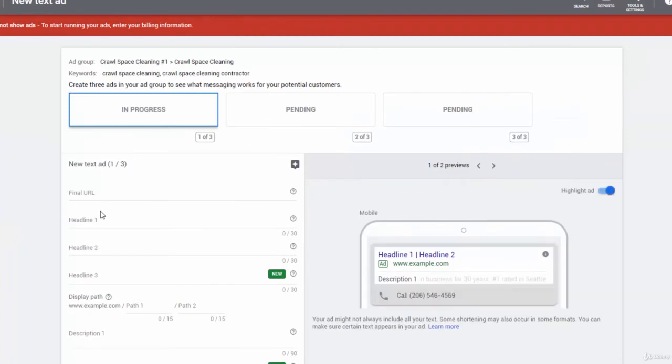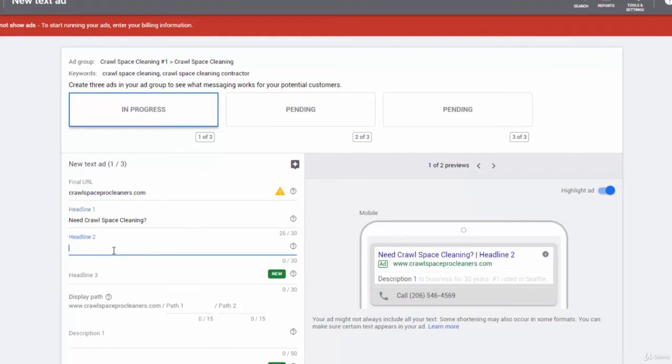Okay, so let's go ahead here and add in the URL, and the URL for this one's going to be crawl space pro cleaners. And then headline 1, we have need crawl space cleaning. So let's go ahead and add that right there. And then headline 2, we're going to put, we got it covered.